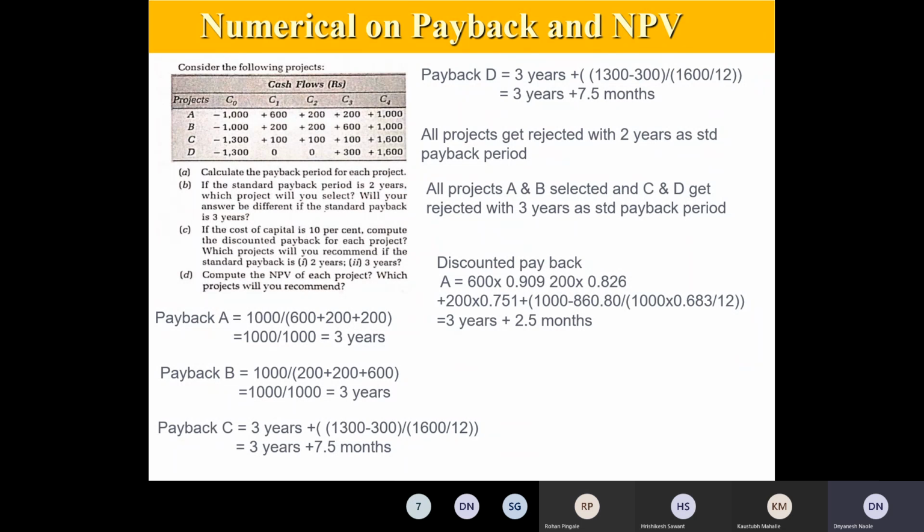So for project B it will be 200 into 0.909 plus 200 into 0.826 plus 600 into 0.751, so all these three terms together, whatever comes will come here. Okay, and this is same 1000 rupees into 0.683, 200 इंटू 0.909 के बाद में प्लस, plus this is plus.